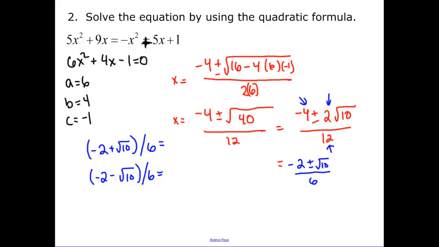So from our calculator, we found that our -2 minus root 10 over 6 was -0.86, and plus was 0.19.